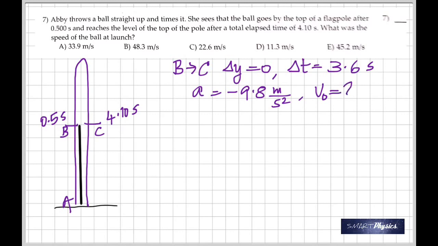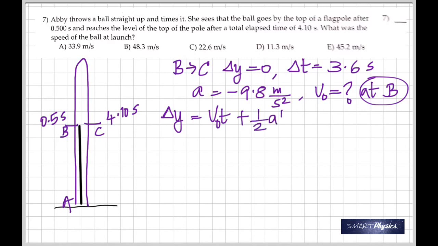A is negative because initially it's going up. And we're looking for the initial velocity at B. There is the equation into which you substitute and calculate v naught.